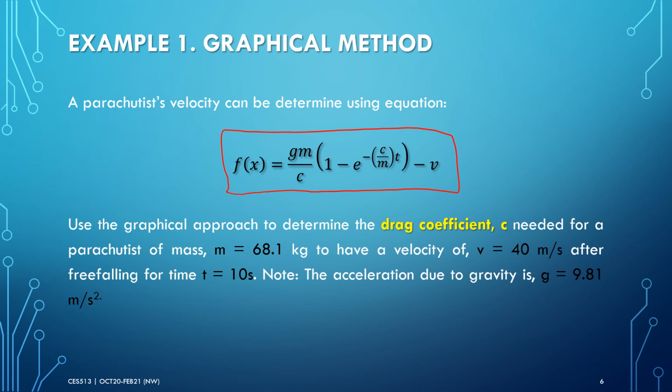Note that the acceleration due to gravity is g equal to 9.81 meters per second squared. So we need to find the drag coefficient c in this example.